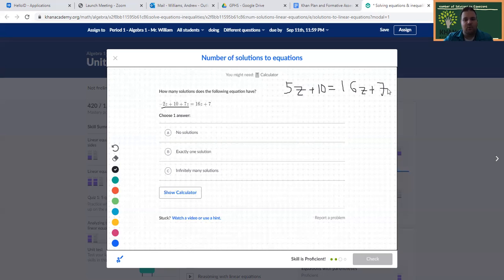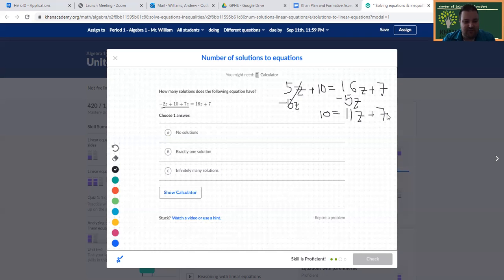All right, so this is a problem. We're going to start just trying to balance things out. So what I'm going to do is I'm going to subtract 5z from both sides, kind of like I did in the last problem, right? 10 gets brought down. 16z minus 5z is 11z plus 7.